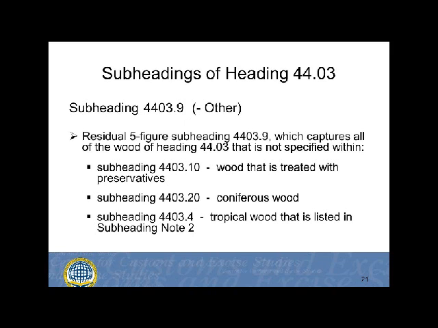Finally, there is the last 1-dash subheading. It is the residual 5-figure subheading 44039, which captures all of the wood of heading 4403 that is not specified within the terms of 440310, 440320 and 44034.